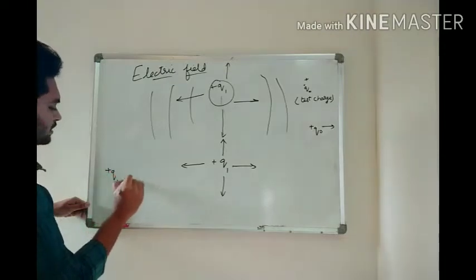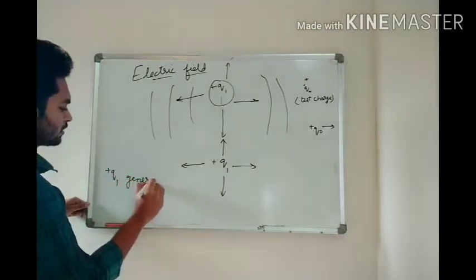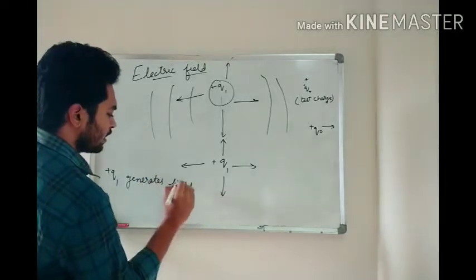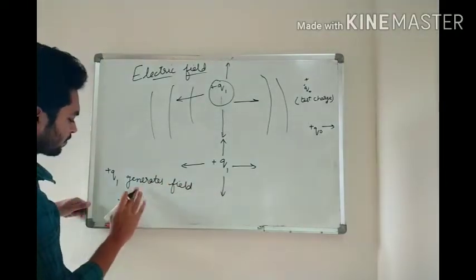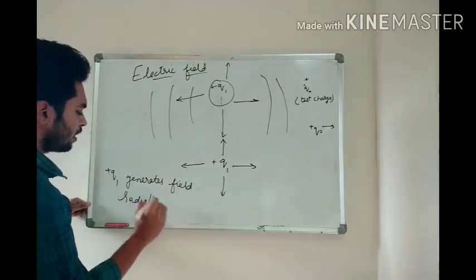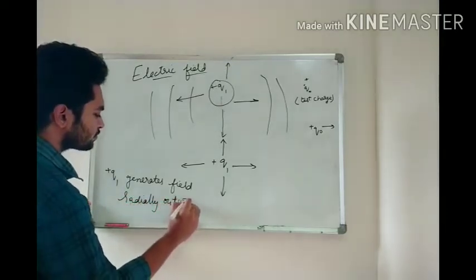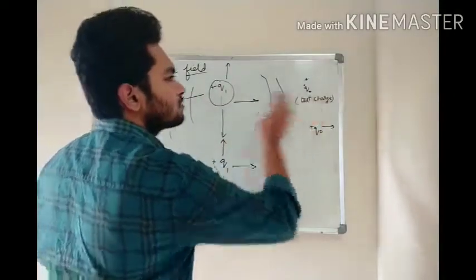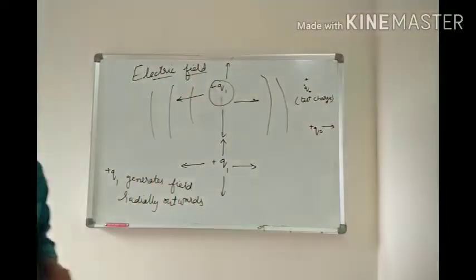Positive q1 generates a field radially outwards. So this positive test charge moves away.